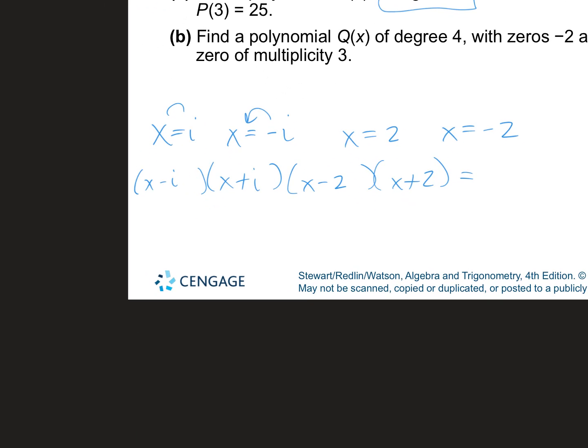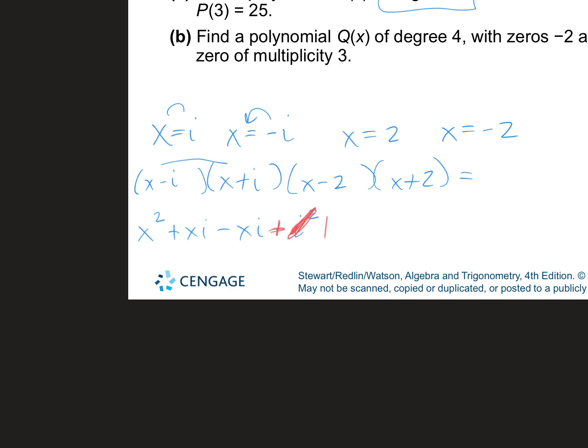Watch. What's x times x? x squared. What's x times i? Plus xi, okay? What's negative i times x? Minus xi. And then what's negative i and a positive i? Minus i squared, right? Okay, guys, as soon as you see i squared, what does that mean? You cross it off and change the sign, so it's going to be plus 1.